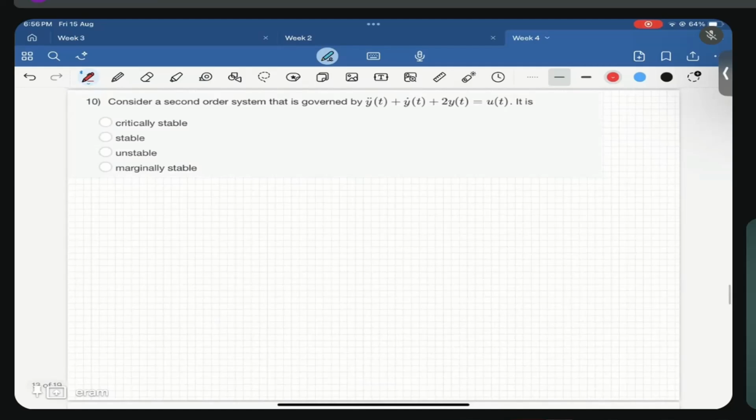How to comment about stability? We have to find the poles of the transfer function. Yes, so let's first find out the transfer function. So this will be the transfer function. Now without calculating the poles, by looking at the characteristic polynomial, which is nothing but s square plus s plus 2, can you comment on the nature of poles?